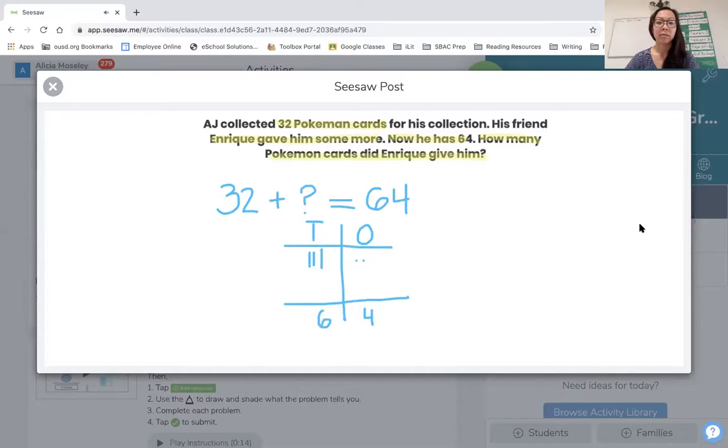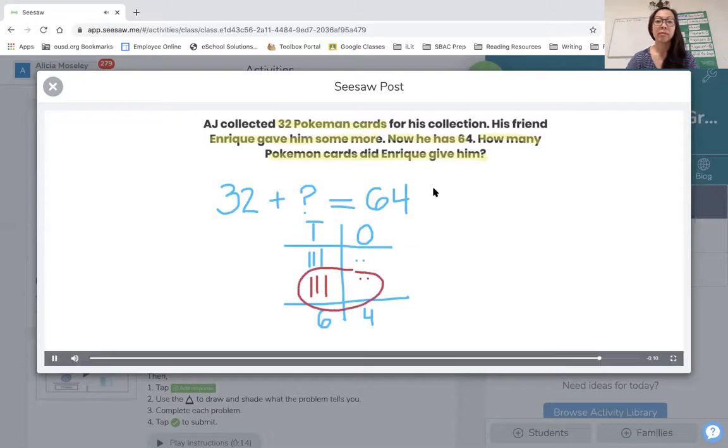I know that AJ already has 2 ones for his 32, and I know that 2 plus 2 equal 4. Did you see how I changed colors? I know that AJ has 3 10s in 32, and he needs to get to 6 10s in 64. So I know that 3 plus 3 equals 6. That means that Enrique gave him another 32 Pokemon cards.